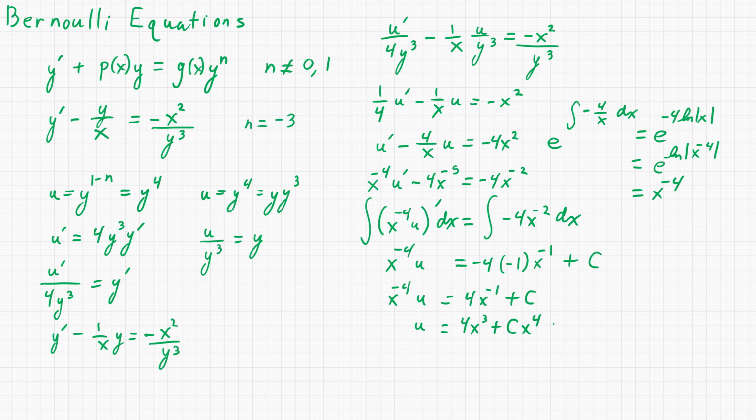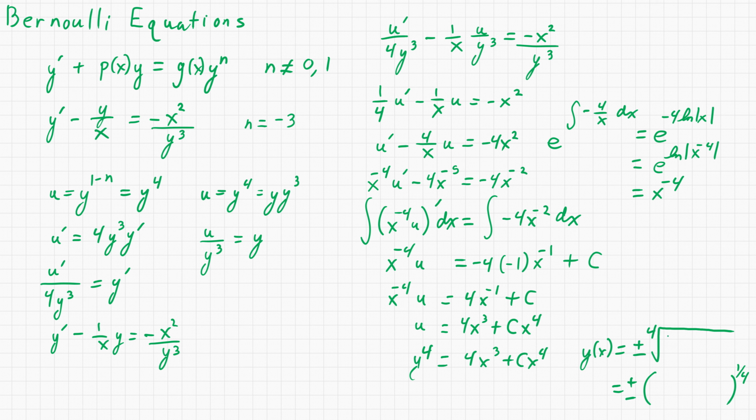So we solved for u, but now we need to go back and figure out what y is. u way back when was y to the 4th. So it's not too bad. We have y to the 4th is equal to 4x cubed plus c x to the 4th. If we take the fourth root here, that means y of x equals, we do need a plus or minus, fourth root, or if you want you can write it as plus or minus, with parentheses, to the 1/4 power.